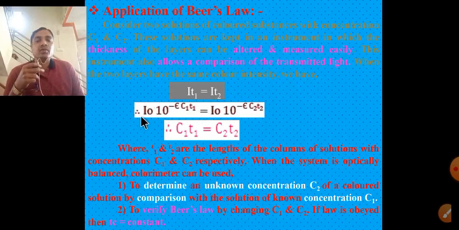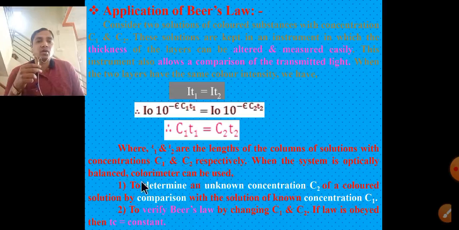According to Beer's law, therefore I0 10 raised to minus epsilon C1 t1 is equal to I0 10 raised to minus epsilon C2 t2. Therefore, C1 t1 is equal to C2 t2. Here, t1 and t2 are the lengths of the column of solution with concentrations C1 and C2 respectively.